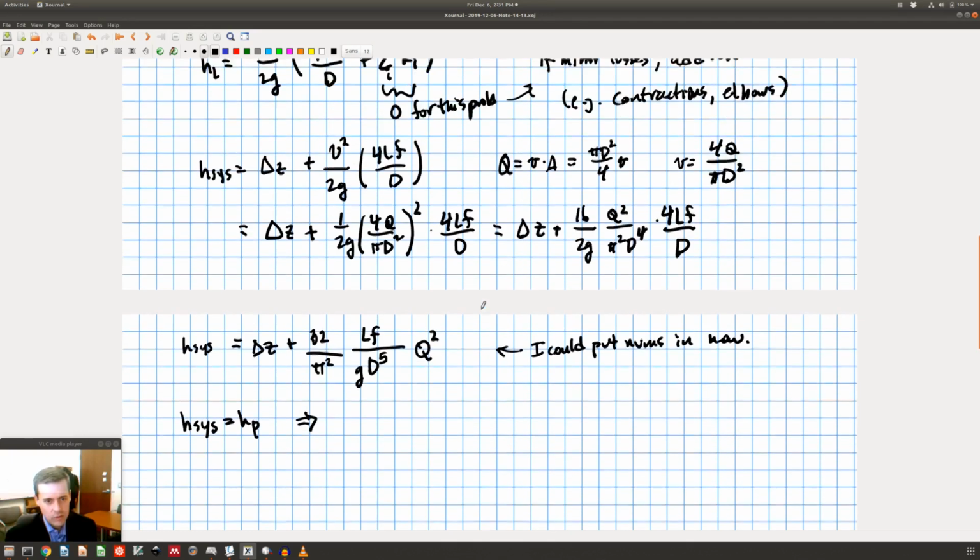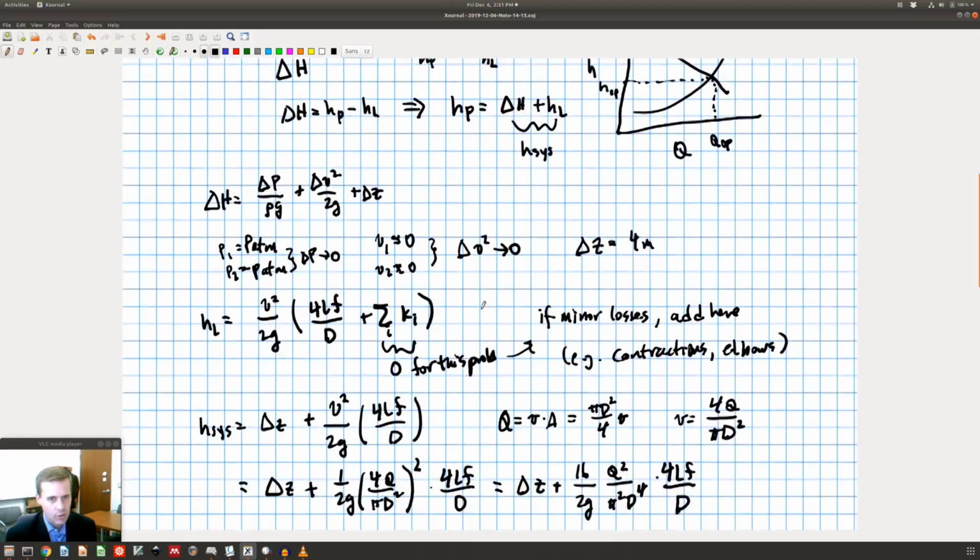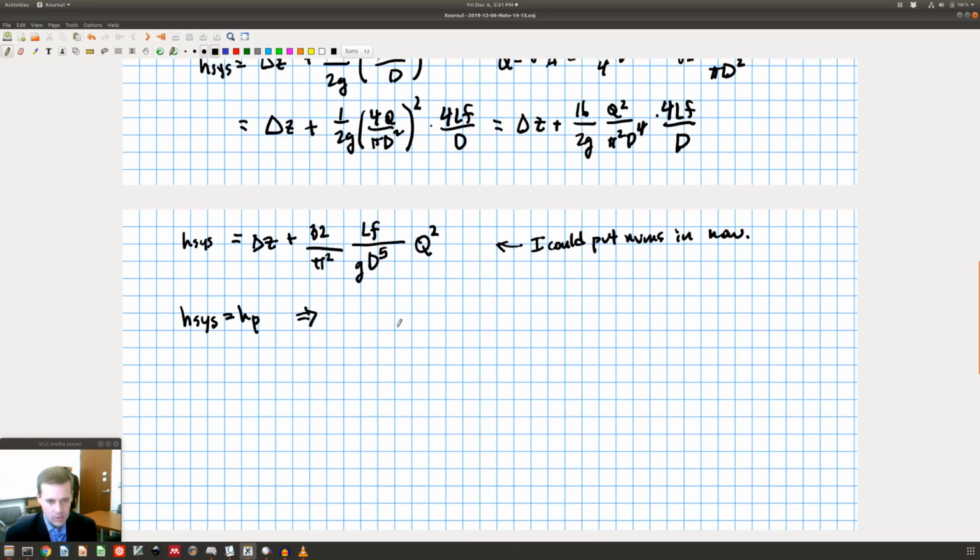My pump curve is given up here as H max minus BQ squared. So I come down here and I say H max minus BQ squared is equal to delta Z plus 32 divided by pi squared LF divided by G d to the 5th Q squared.